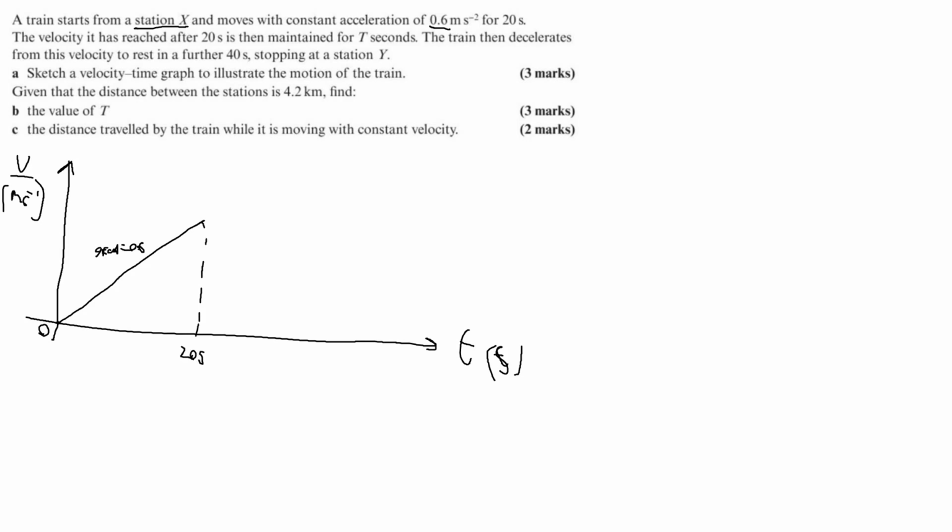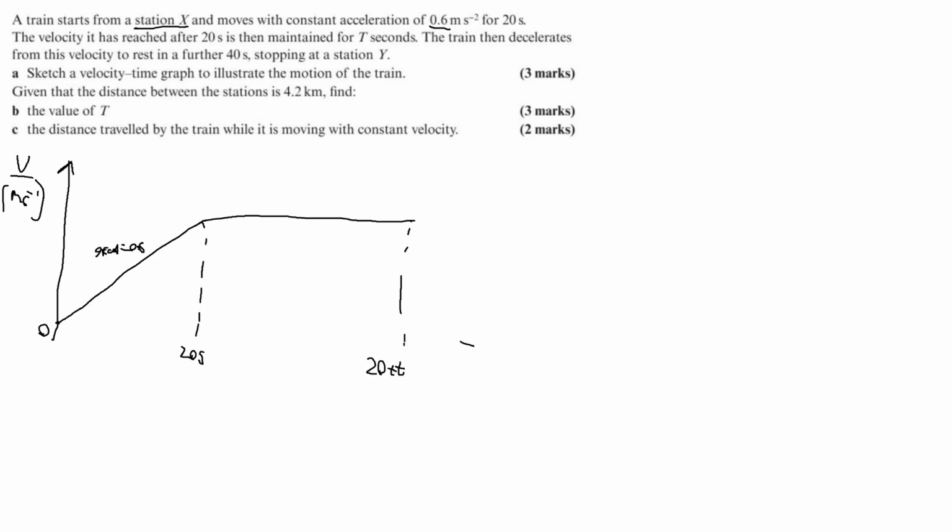Now, it moves at constant speed, which means now it's flat, and it maintains that for t seconds. So this is 20 plus t seconds. I'm going to extend this line quickly.